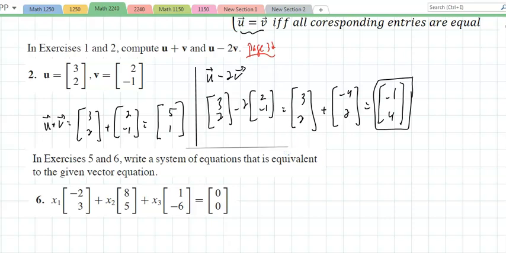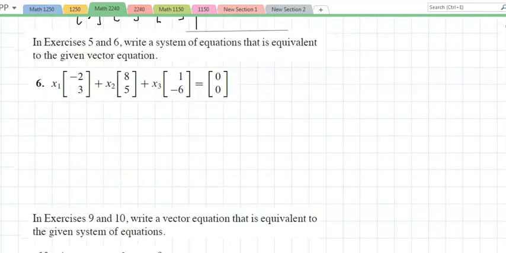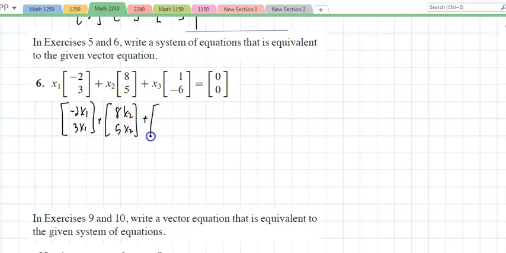Now, something to start looking at. This is really where we want to pay attention, and the form makes a big difference, especially in the long run. If I am to multiply this, wouldn't this be actually -2x1, 3x1, plus 8x2, 5x2, plus x3, -6x3, equaling 0, 0?